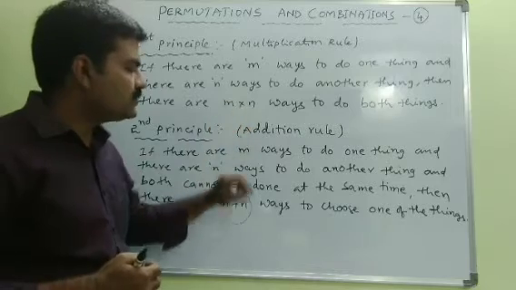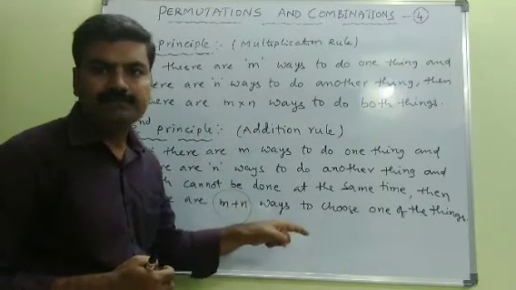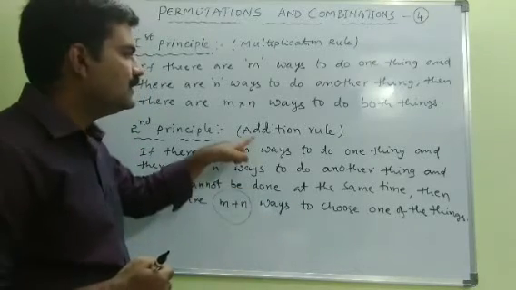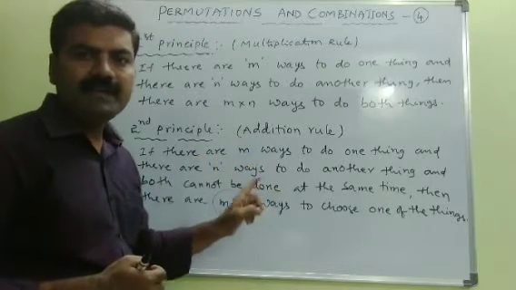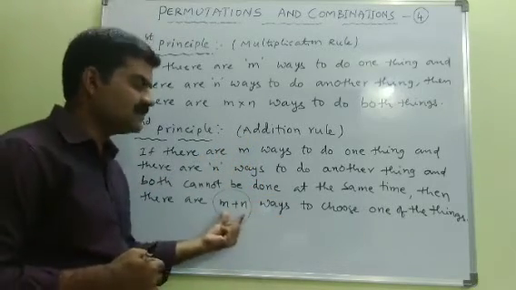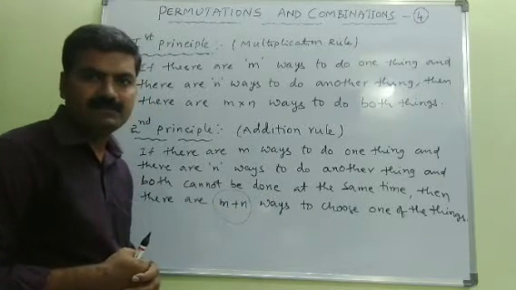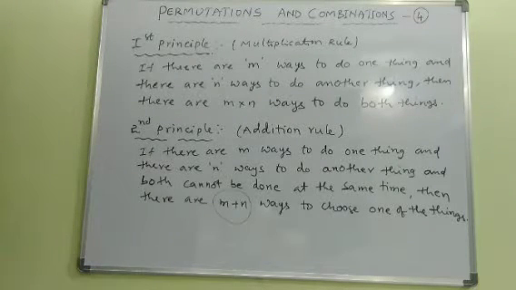If the situation is that we need to choose any one of them, we need to take the help of the addition rule, that is, any one can be chosen in m plus n ways. Look at the first principle and the second principle: the multiplication rule and the addition rule.